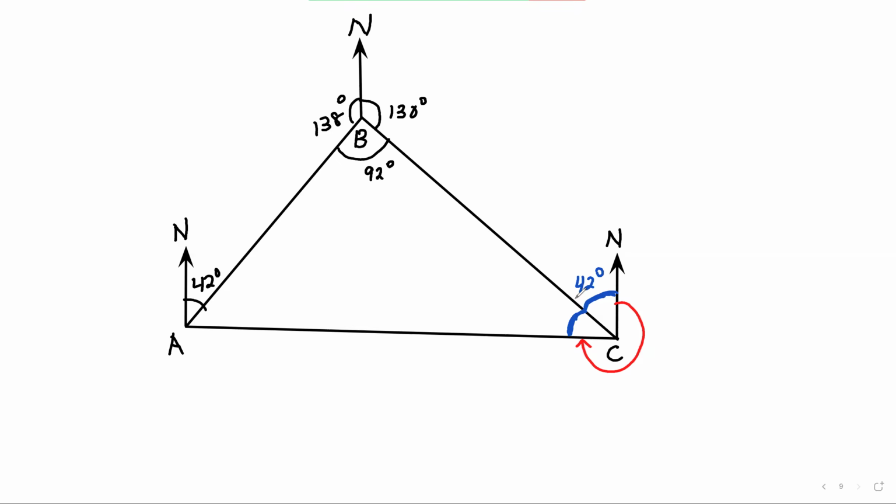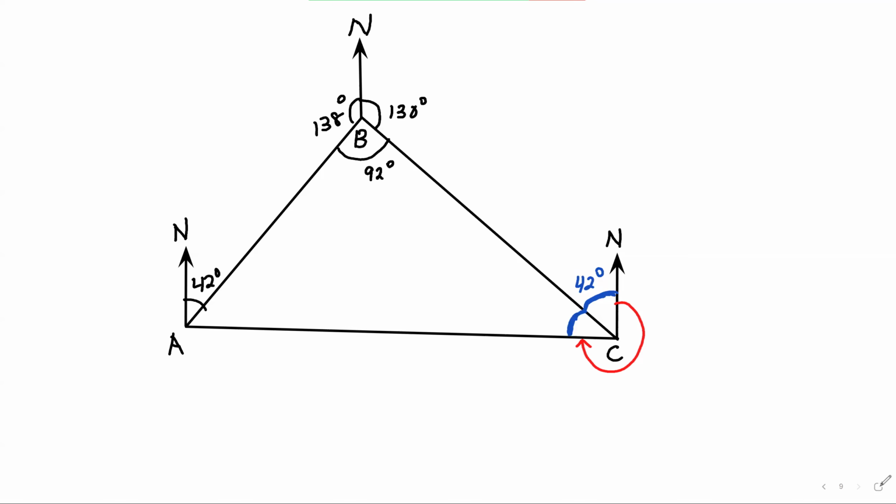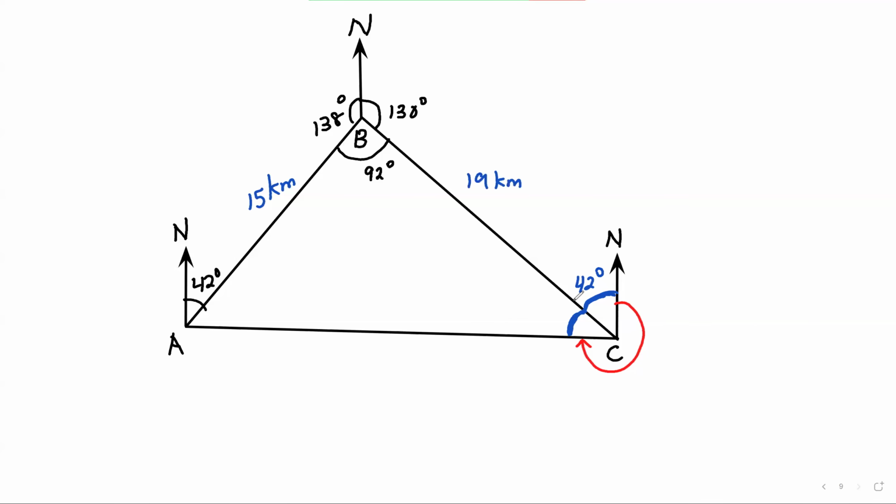So I can find out what this angle is by using one of the rules that I have. Now, in the question, they also gave us the lengths, right? We had AB is 15 and BC is 19. So here was 15 km, here's 19 km. And then we just worked out the bottom, which was 24.6 km.